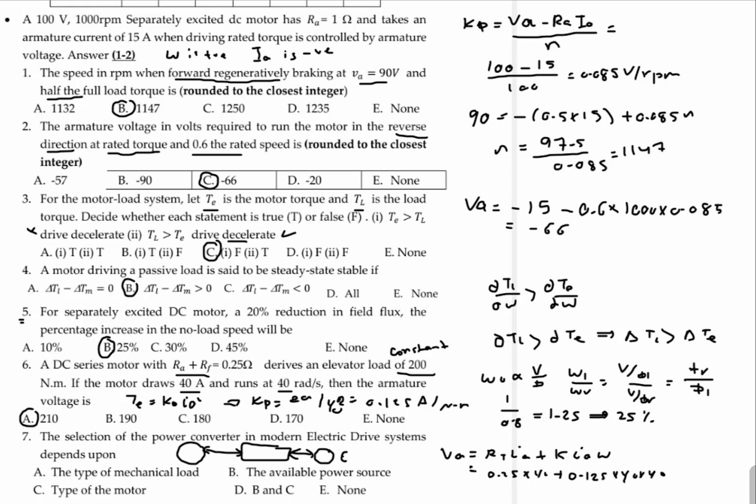So this is the electrical machine, this is the supply, and this is the power converter. So the selection of the power converter will depend on the type of the supply and the type of the motor used, so the answer will be D.